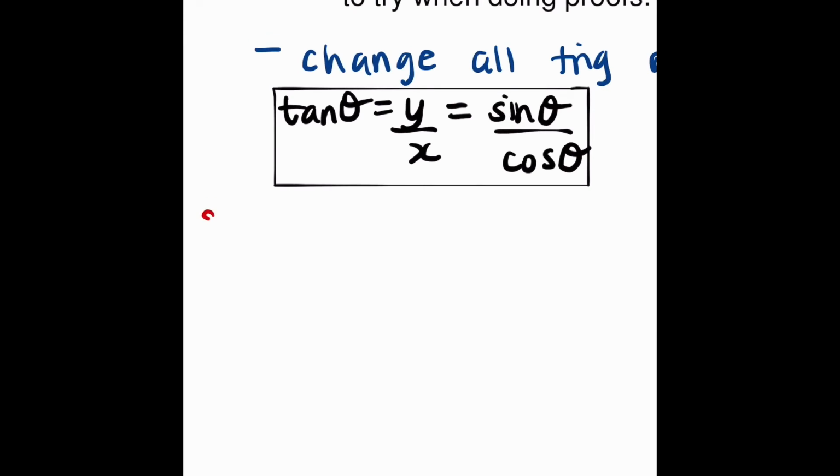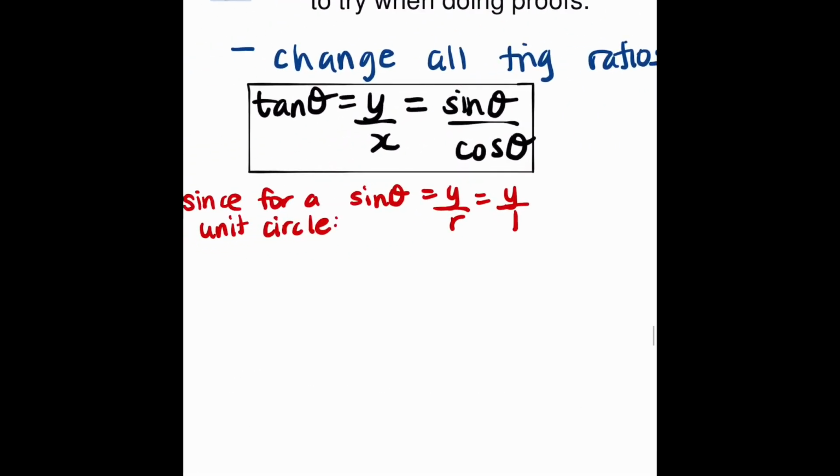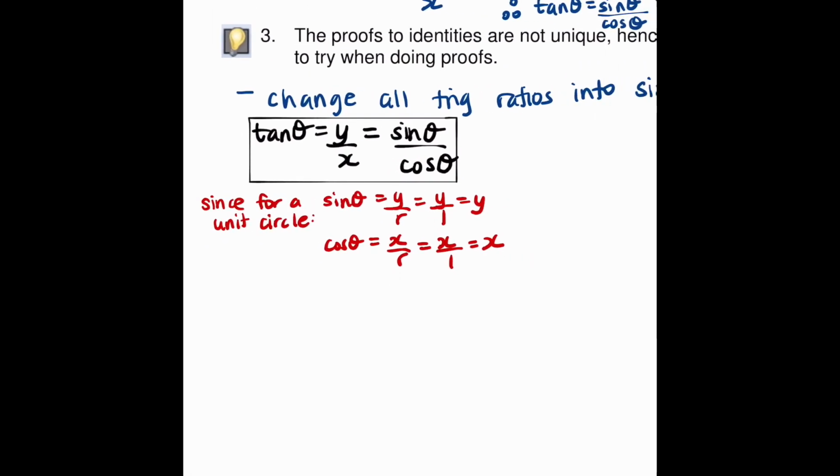This is coming from the fact that for a unit circle, sine theta is equal to y over r, and if you're dealing with a unit circle, the radius is 1, and therefore sine theta is equal to just the y, right? And for cos theta, you would have x divided by r, and when dealing with a unit circle, this is x over 1, and therefore x. All right, so this is all coming together.